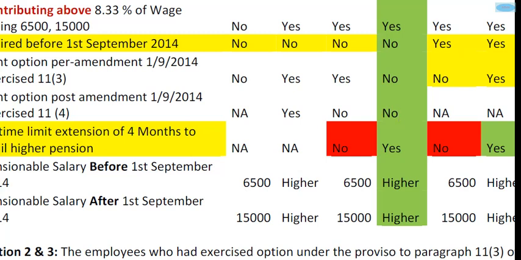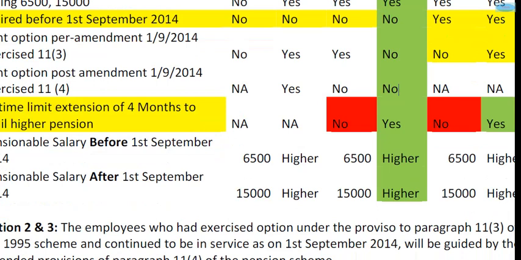So based on this, the SC time limit extension and eligibility comes to whom? The first option, because he is within the wage ceiling, is not applicable. For the second one, the extension time is not applicable because he already exercised the option, so he is continuing to enjoy that benefit, so there is no dispute.